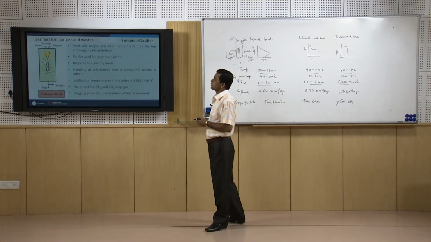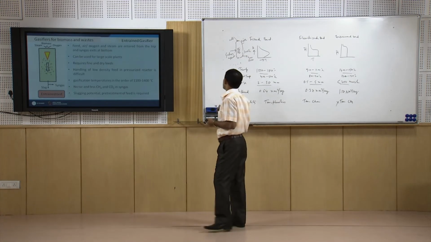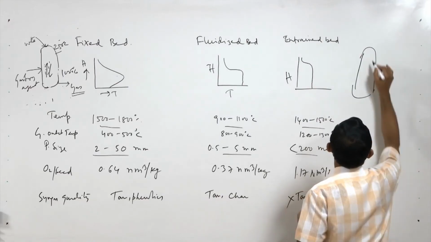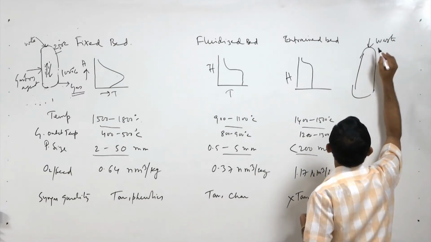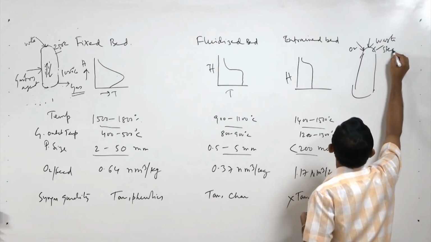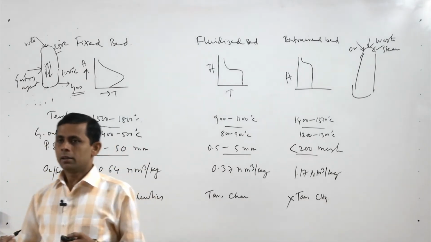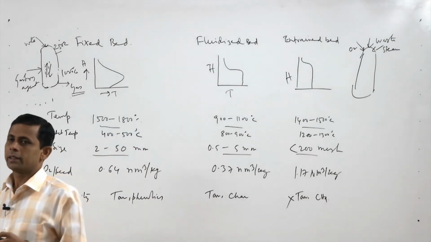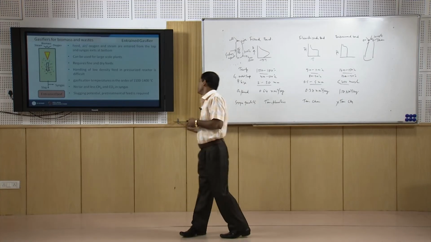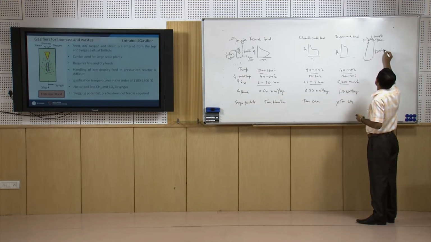Now, we will discuss the entrained bed gasifier. In this case, biomass or waste and gasifying agent, oxygen or steam, are all put inside the gasifier from the top, and the solids and gasifying agents flow parallelly, get more time for contact, and the temperature inside is also very high, around 1200 to 1400 degree centigrade.